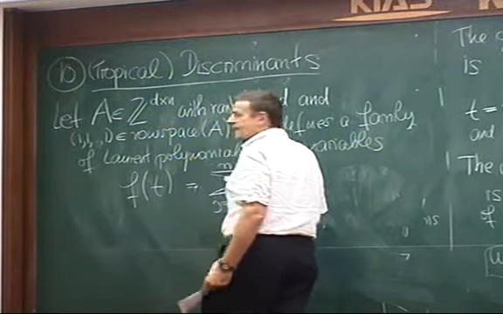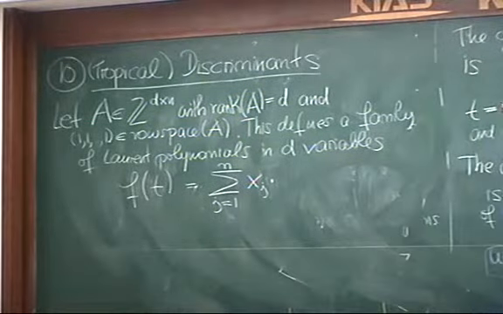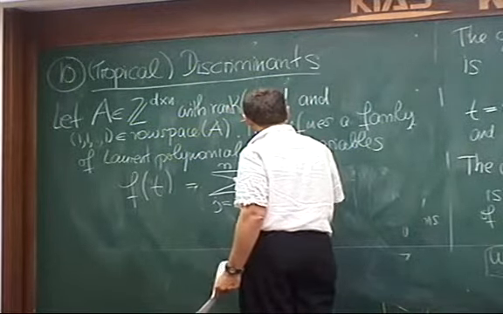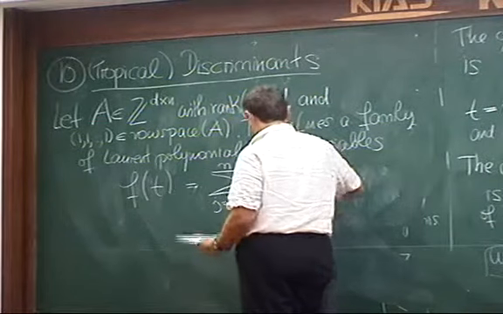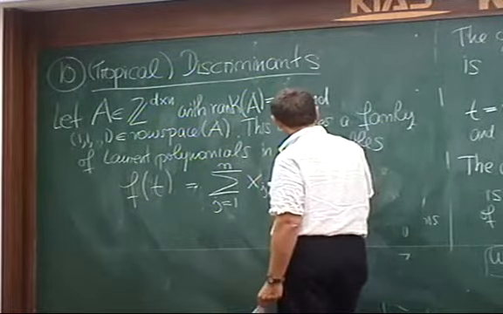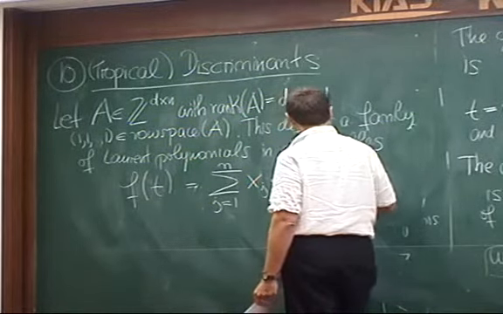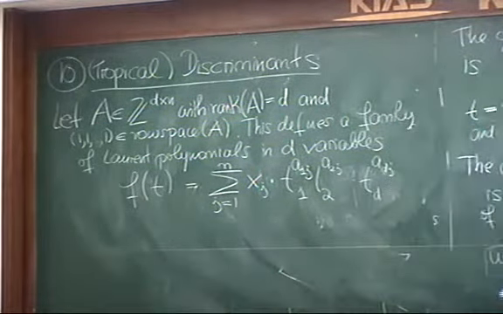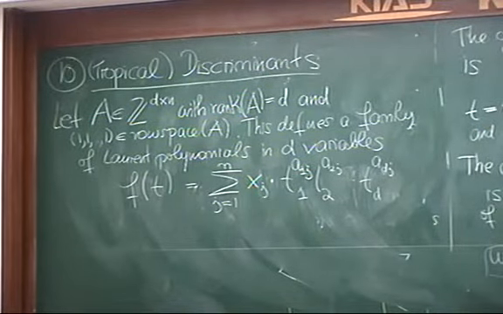I'm going to call the coefficient of the jth term xj. And then the monomial is simply the monomial specified by the columns of the matrix. So it's t1 to the a1j, t2 to the a2j, up to td to the adj. So I have a d by n matrix. Each column gives me a Laurent monomial in d variables. And then I take a linear combination of those n Laurent monomials with unknown indeterminate coefficients xj.